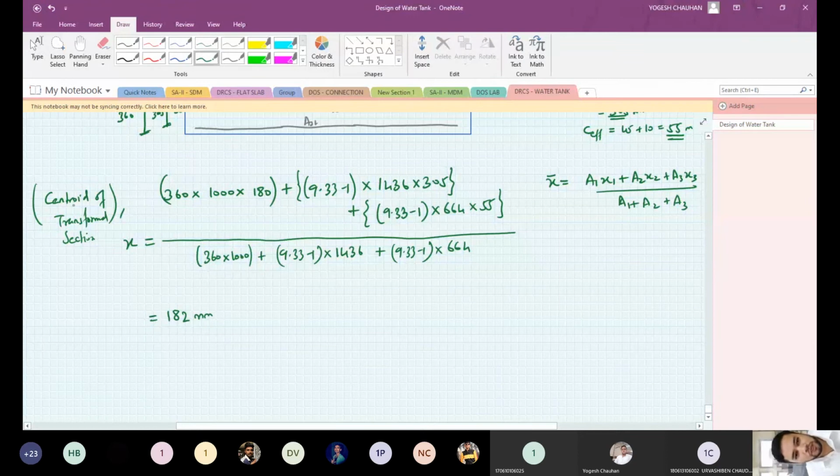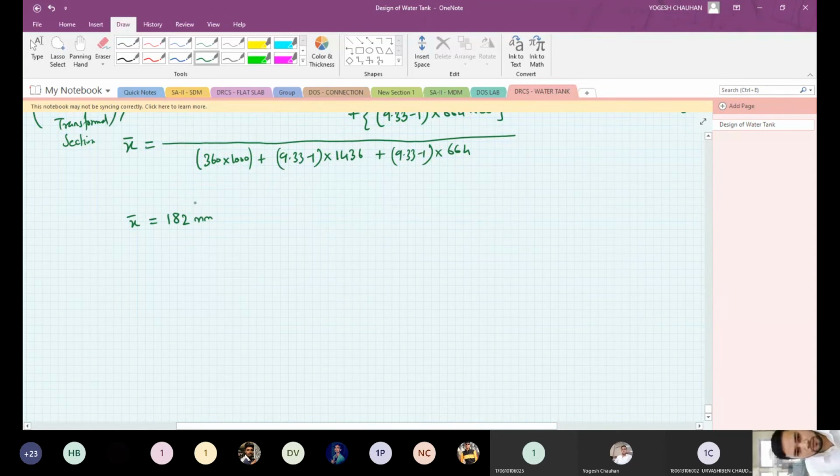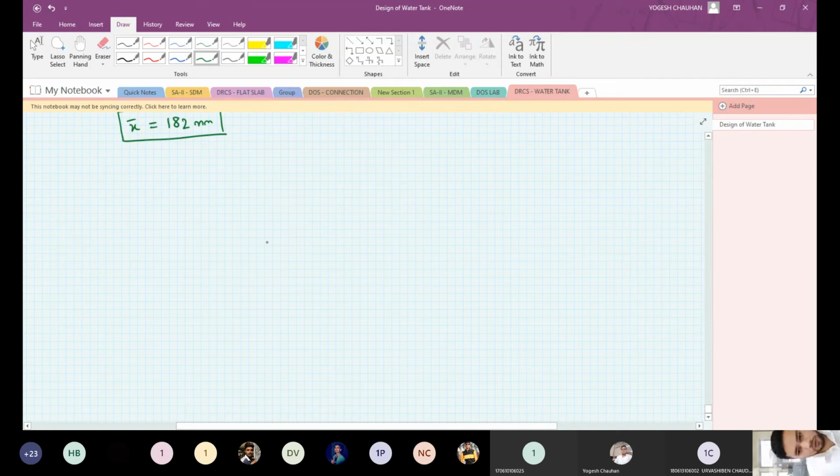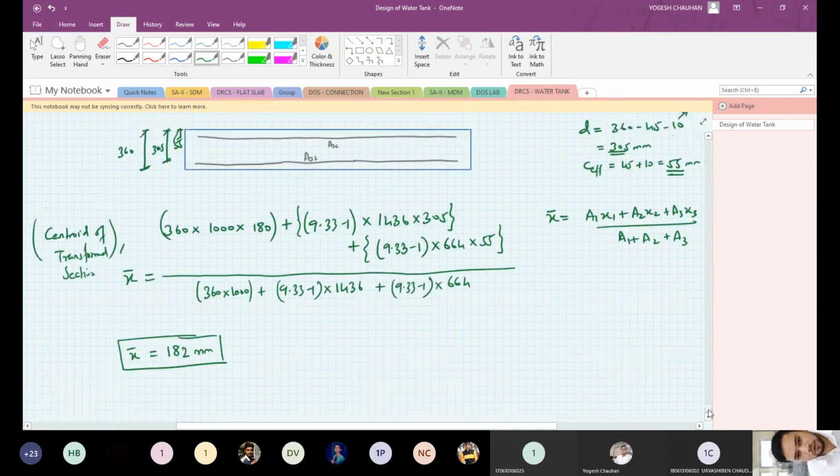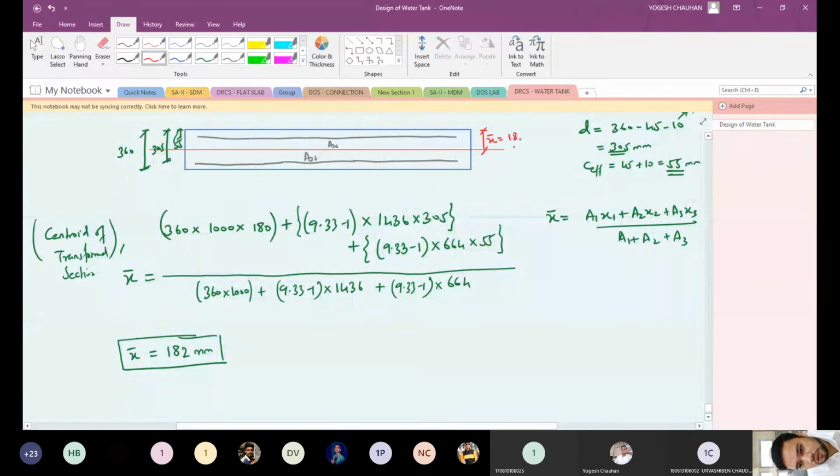So we are finding the centroid of this transformed section. So your x bar is 182 mm.